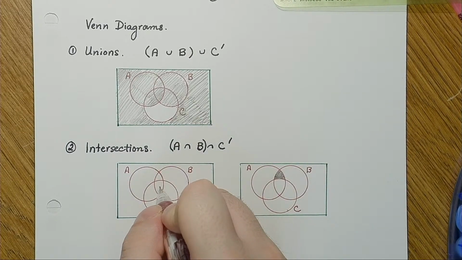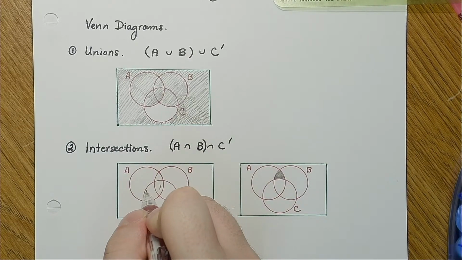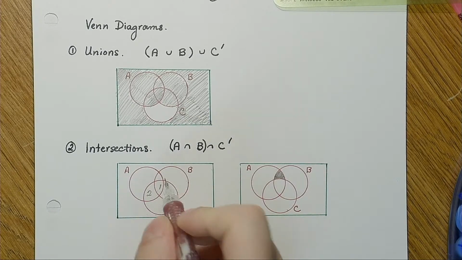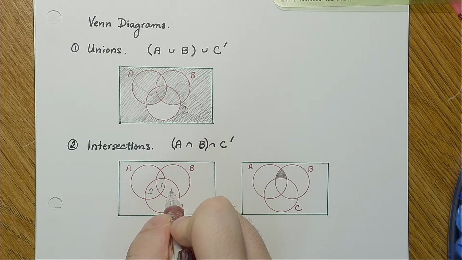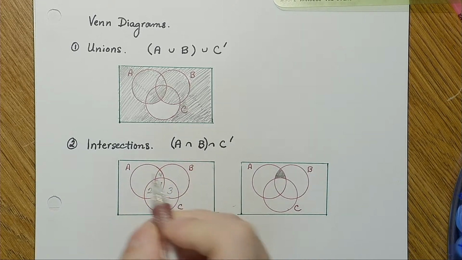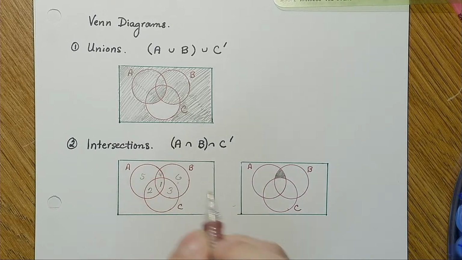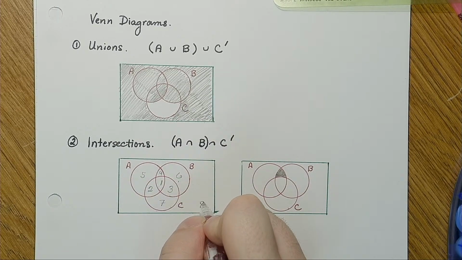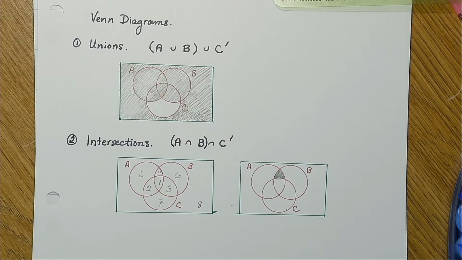So what we could do is label these regions 1, 2, 3, 4, 5, 6, 7, and 8.